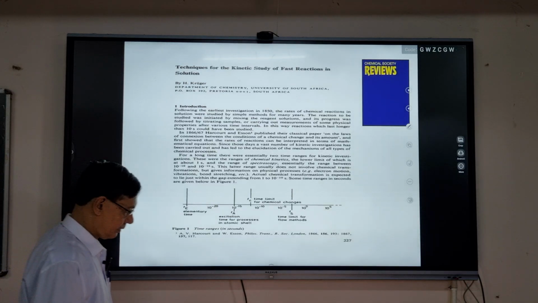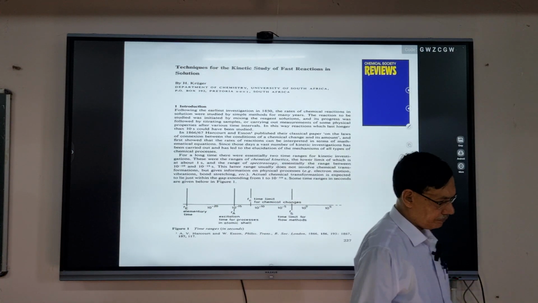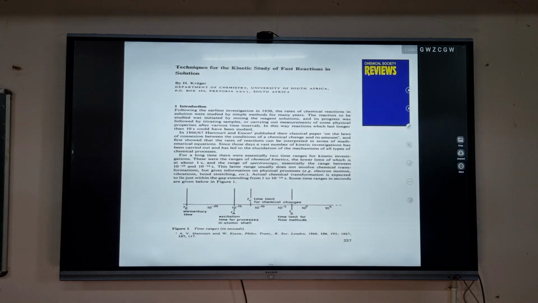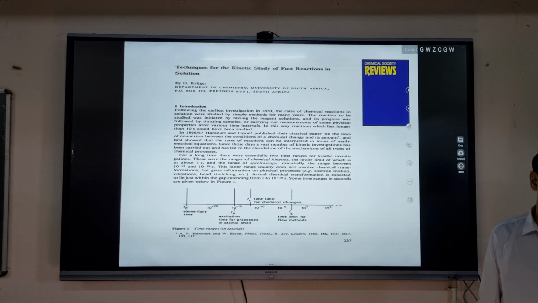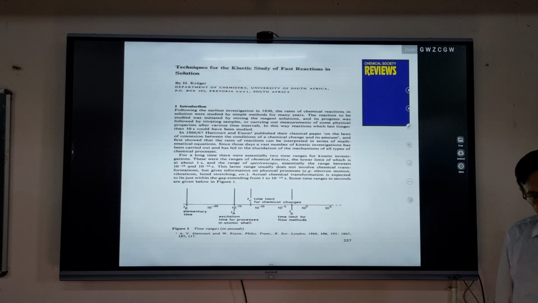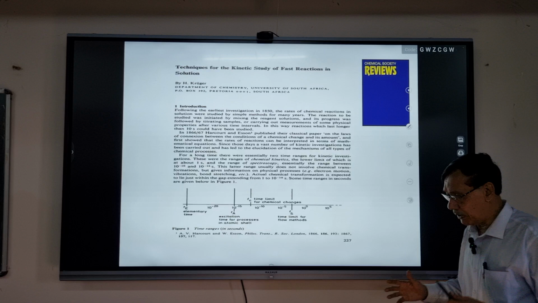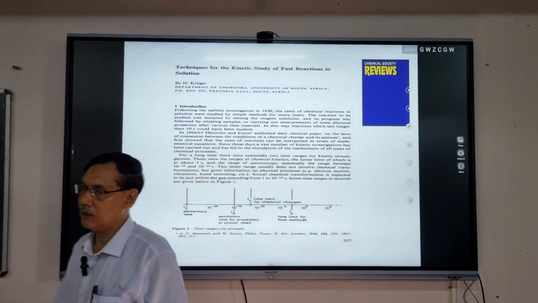Now if you see the modern new education policy, there is a term called research oriented teaching. Many times I have told you that many good American Chemical Society and Royal Society of Chemistry journals are available for the students. If time permits, you must read some research papers so that you can understand.